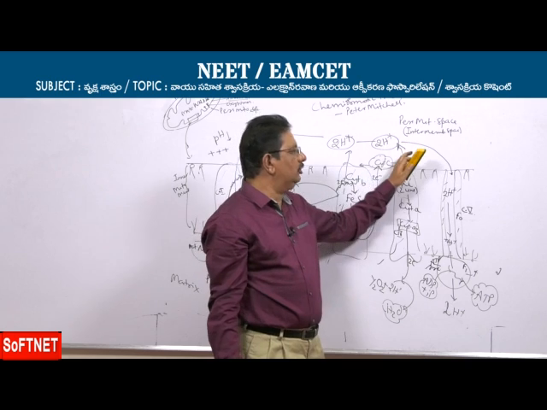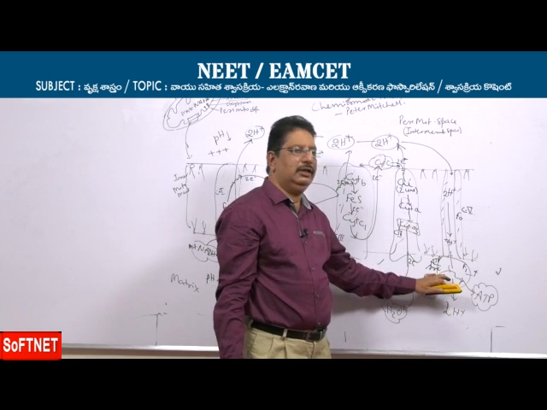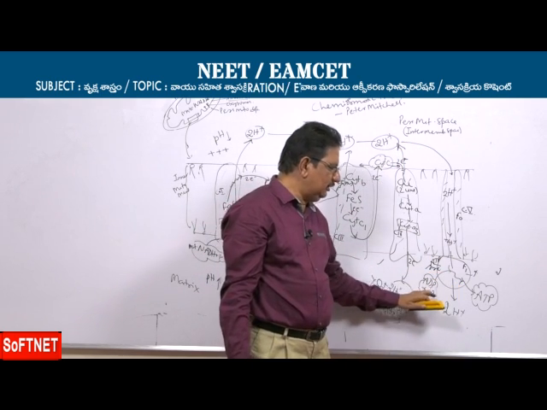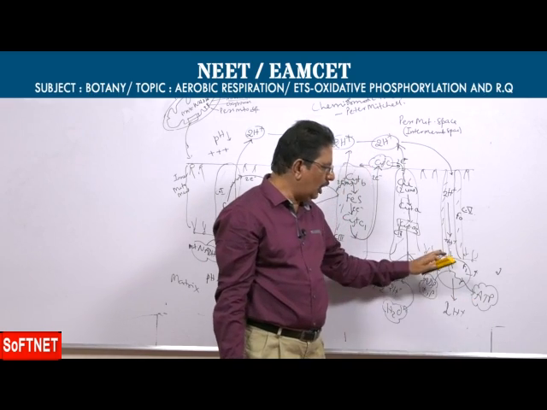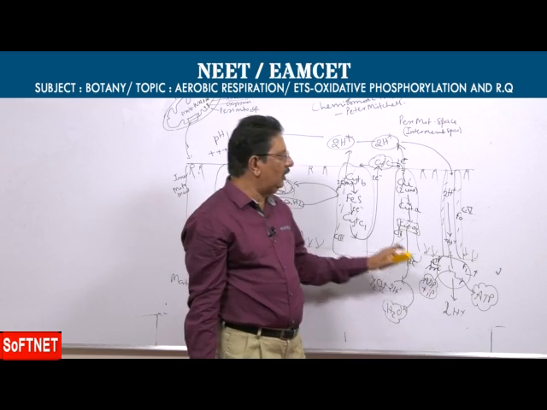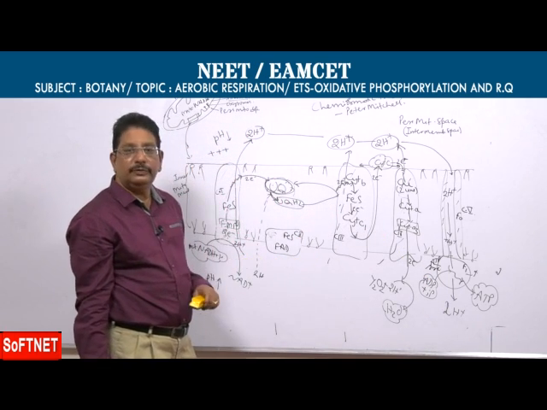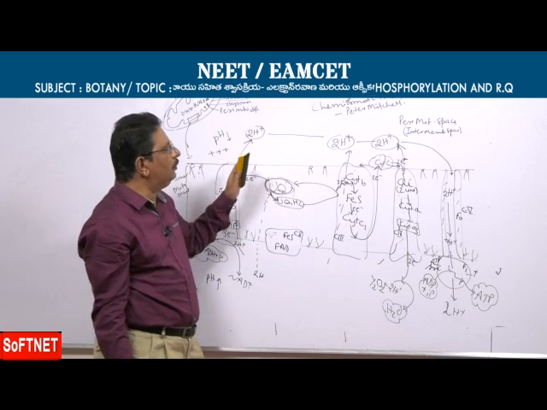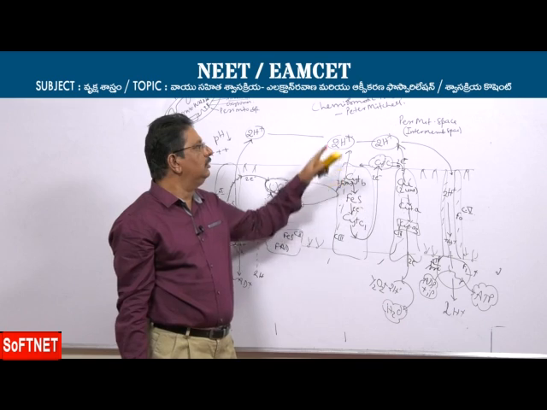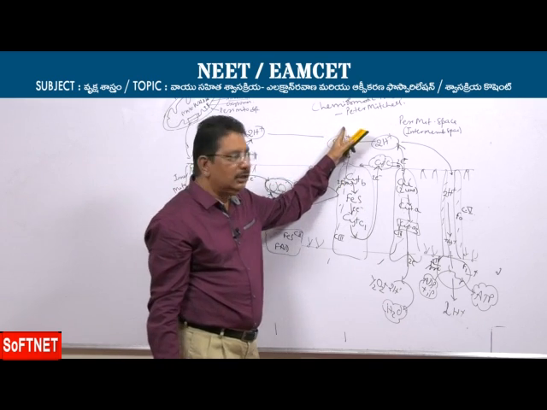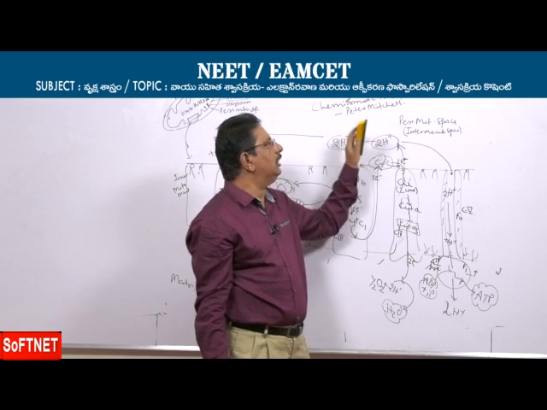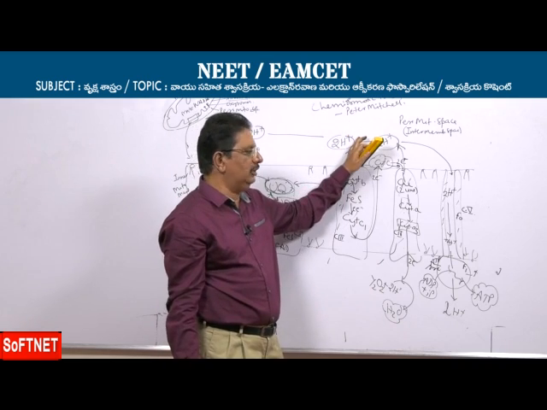That proton motive force is finally utilized in the synthesis of ATP. So, oxidative phosphorylation in mitochondria during respiration, and photophosphorylation in chloroplast during photosynthesis, strictly occur in accordance with chemiosmotic theory.